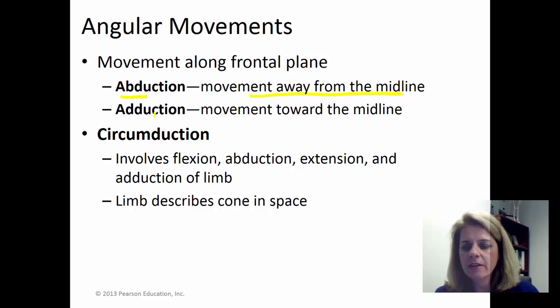Adduction is movement toward the midline. Okay? So taking something away from the midline, abduction, you're abducting it away, adducting it, bringing it back. Circumduction means you're flexing, extending, abducting, and adducting all at the same time. You're making a circle in space.